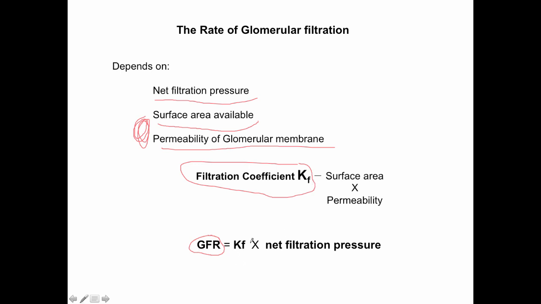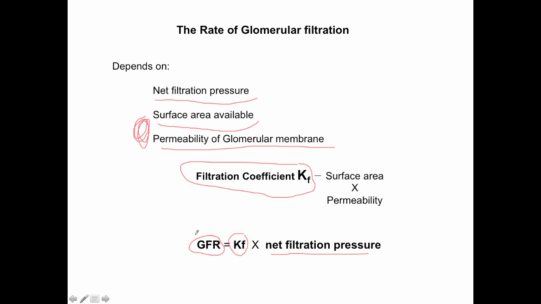So if we assume that Kf is constant, GFR is basically a function of net filtration pressure, which means that it's basically a function of capillary blood pressure.